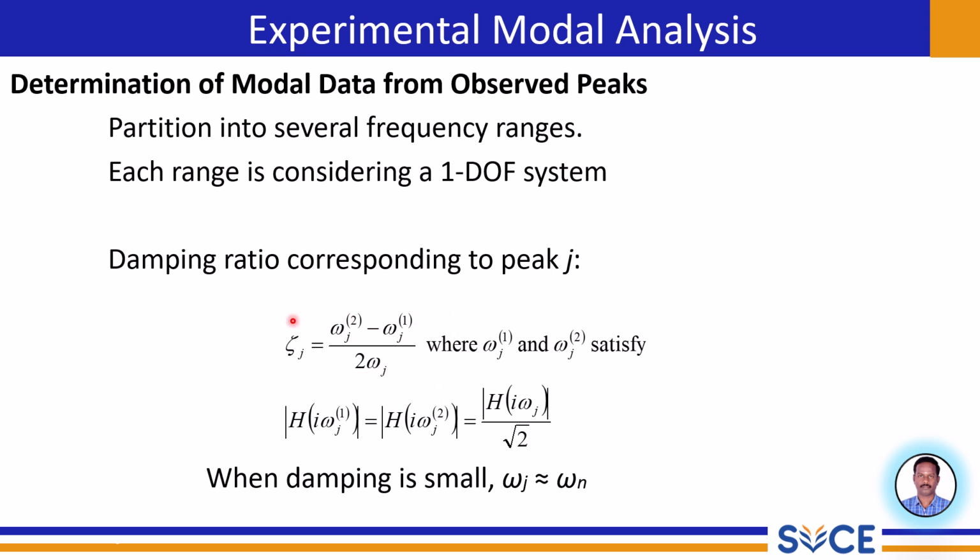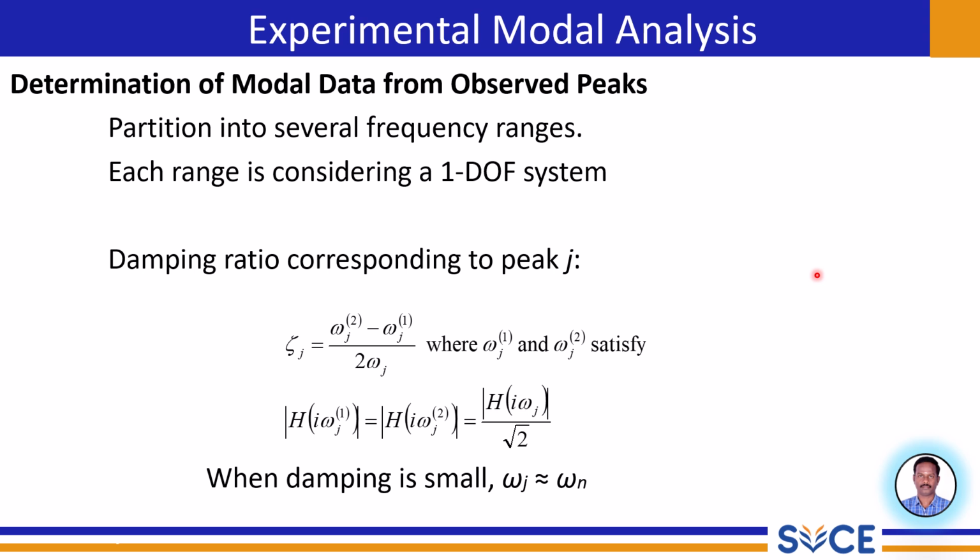Mathematically, psi equals omega 2 minus omega 1 divided by 2 times omega n, that is the natural frequency. Here it is given as omega j. Omega j represents the damped natural frequency itself, and omega n represents the undamped natural frequency. For lightly damped systems, the difference between these two is very small.